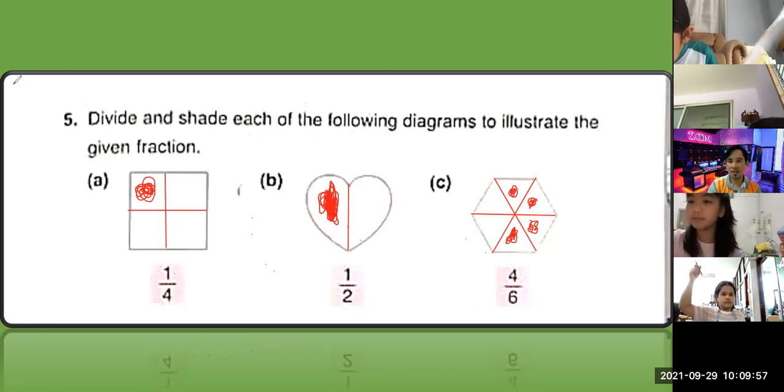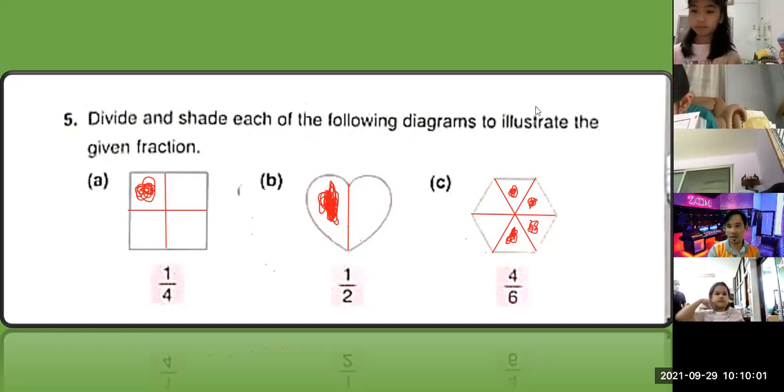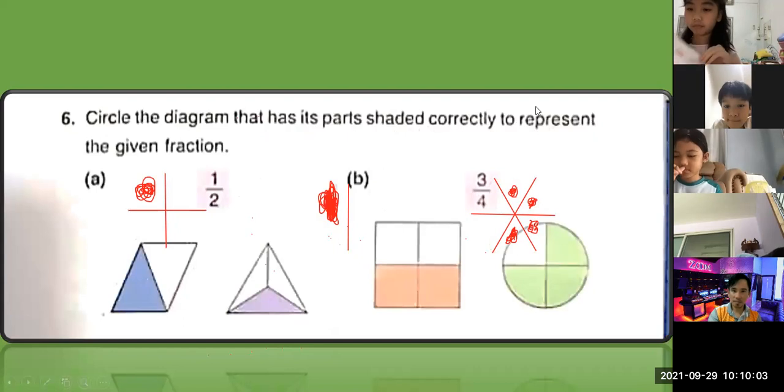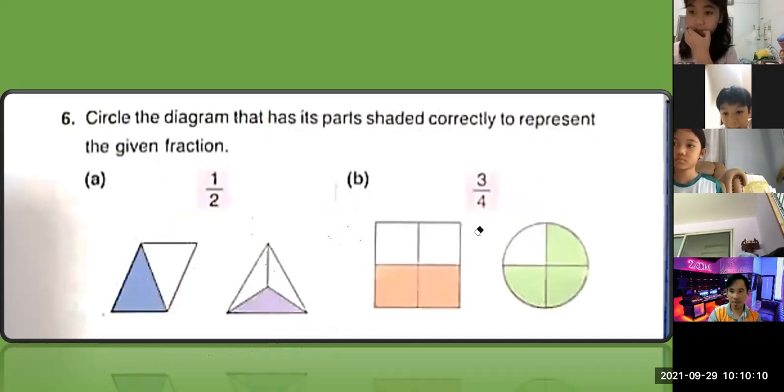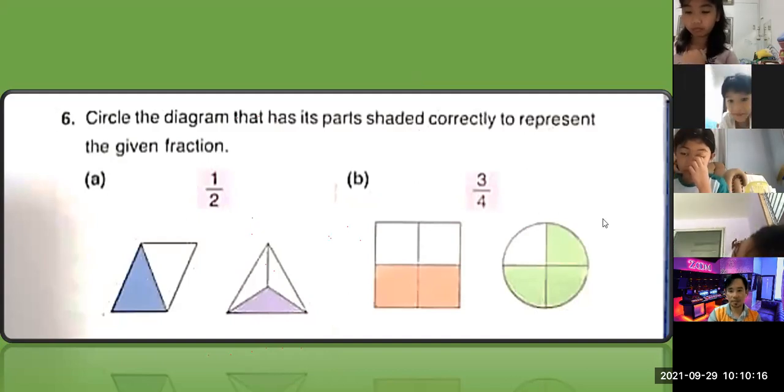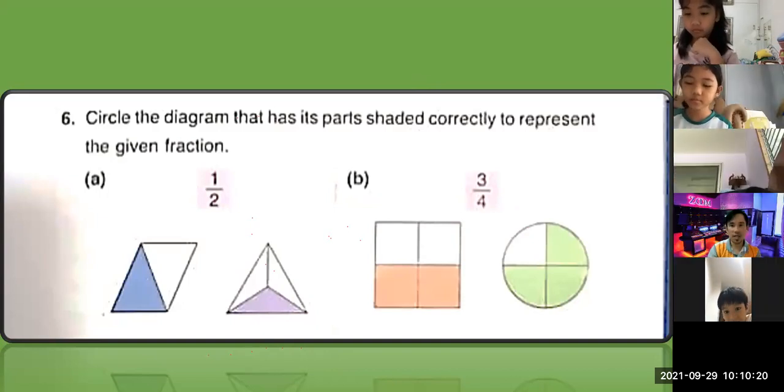Okay, very good. So if you are finished, you can answer number 6. Allow me to erase this first, because it is covered in our next slide. So here in number 6, you will encircle 1/2.